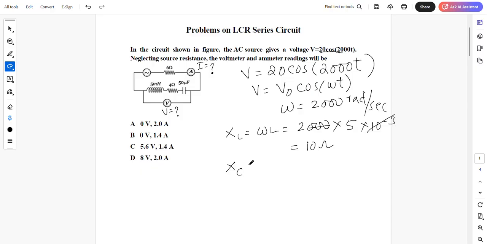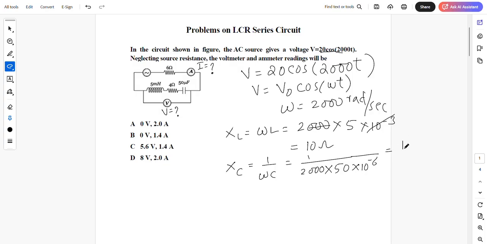Let us calculate the capacitive reactance, 1 by omega C. 1 divided by omega, which is 2000, into C. C is 50 into 10 to the power of minus 6, this is micro.